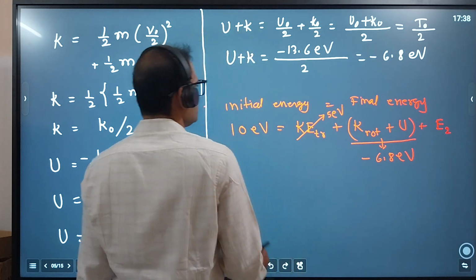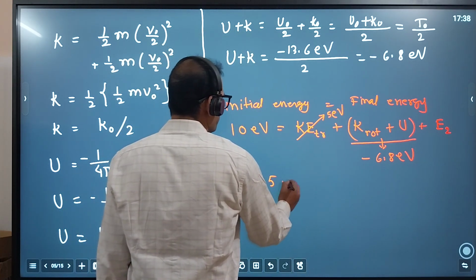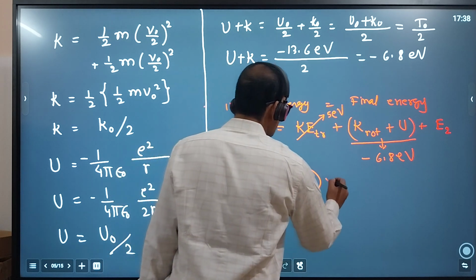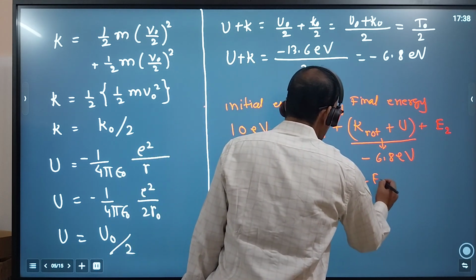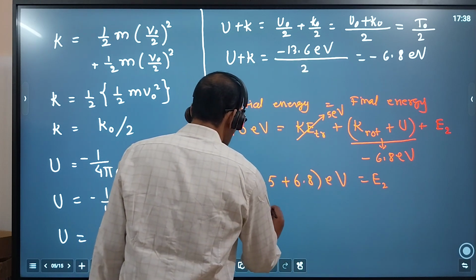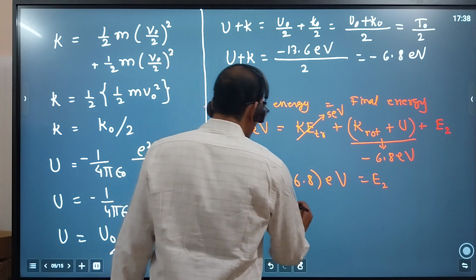So what will be E2? E2 will be 10 minus 5 plus 6.8 eV. We just found E2 to be 11.8.